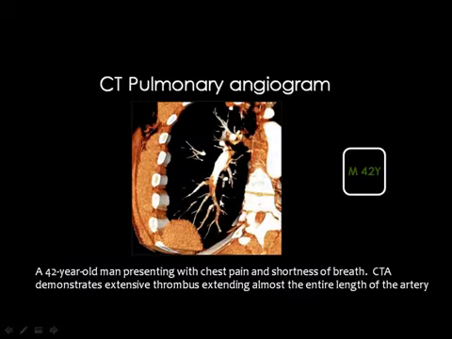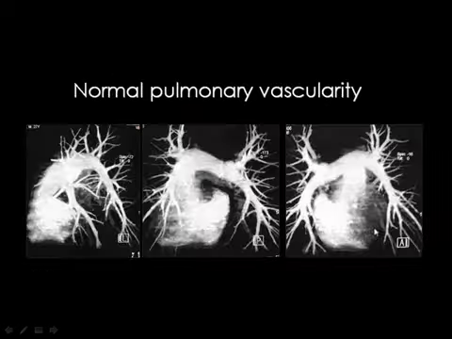This is an example of pulmonary embolism. This is the patent artery, this is the thrombosed artery, and this is the infarcted area in the lung. And the machine has the advantage of extraction of any undesired structure in the image. Here you are interested only in the pulmonary artery and its branches. And you don't need to have the ribs, the lung, the spine, the esophagus, and so on in the image.